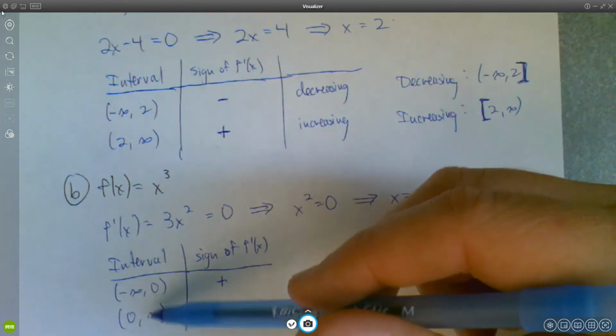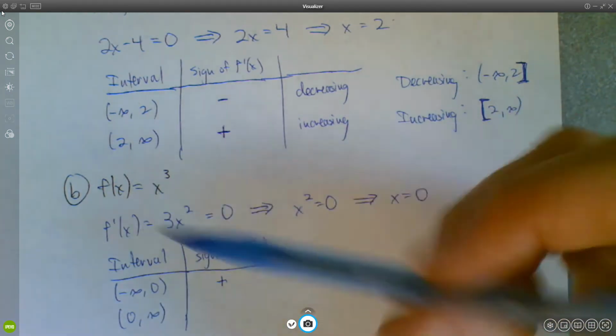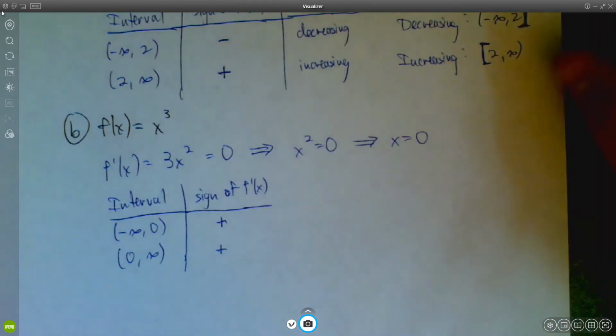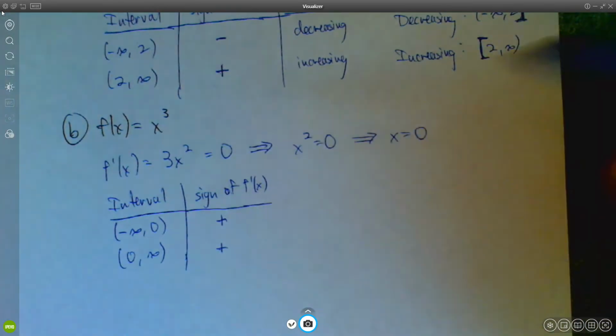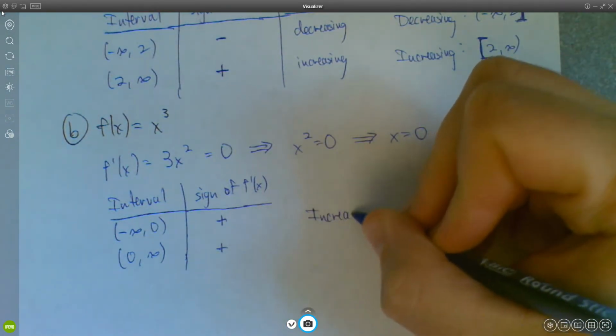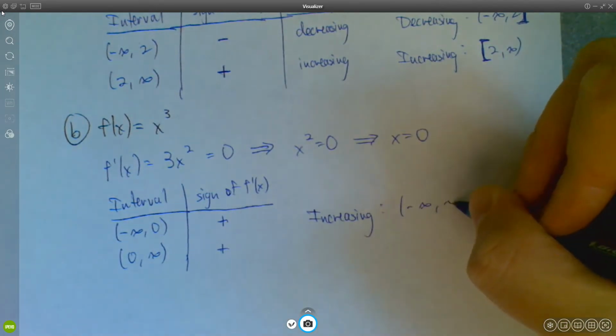If I plug in a positive number here, like 5 squared is positive, and something positive times something positive is still positive. So we didn't change from increasing to decreasing at all. We're just increasing the entire time. So this entire function is increasing. So it's increasing on its entire domain, okay, from -infinity to +infinity.